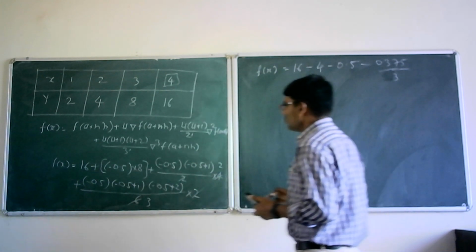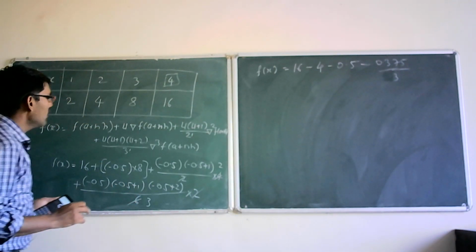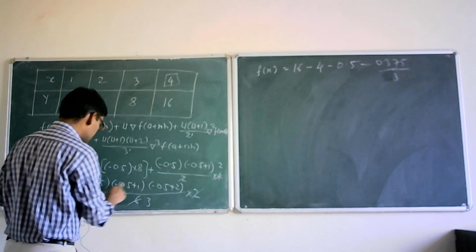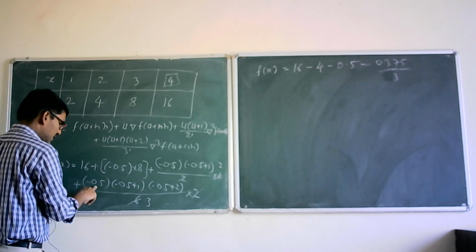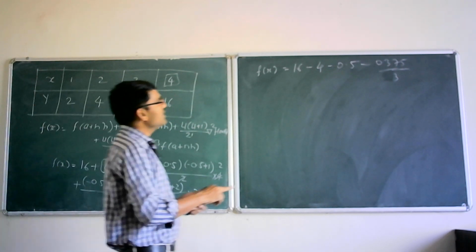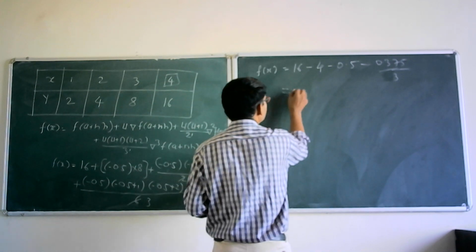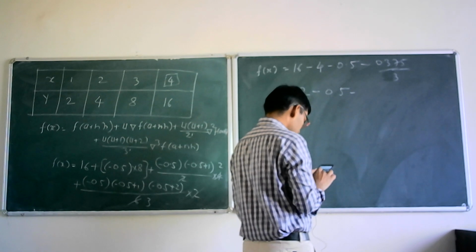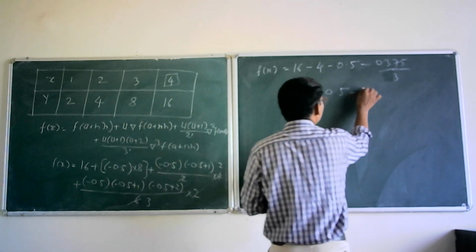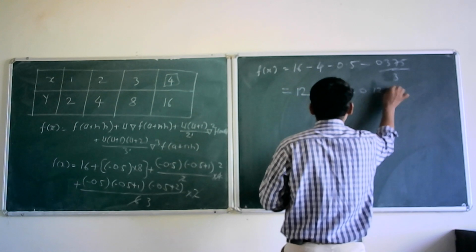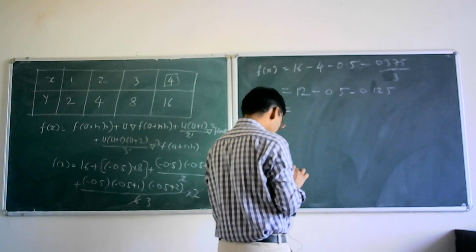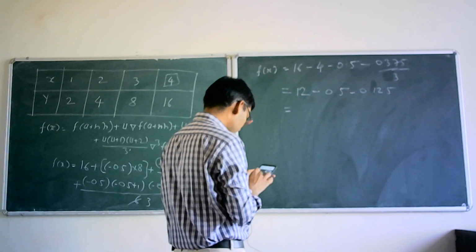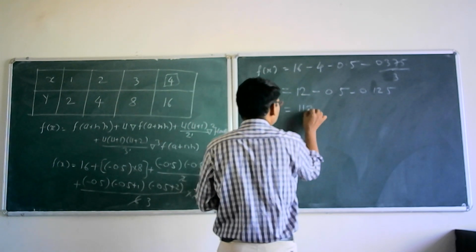So if you simplify this, you will get 16 minus 4 is 12, minus 0.5 minus 0.125. 12 minus 0.5 is 11.5, minus 0.125, you will get 11.375.